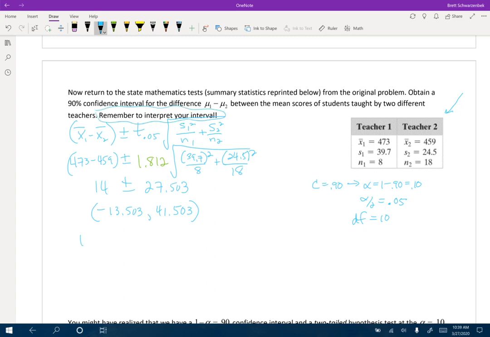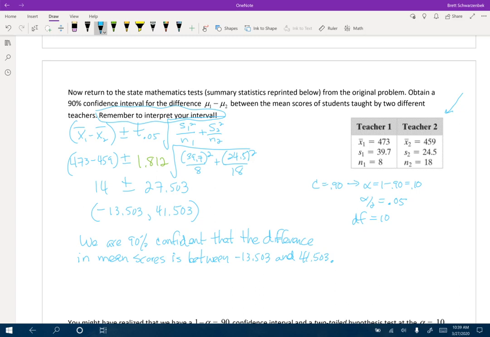So we would say we are 90% confident that the difference in mean scores is between negative 13.503 and 41.503.